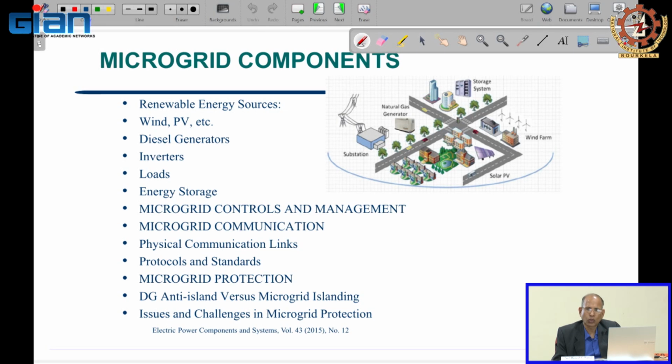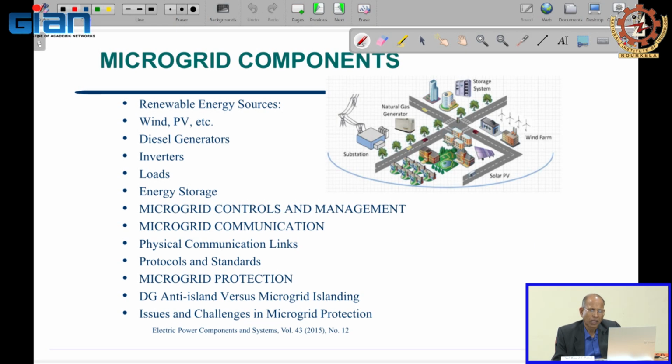Then to maintain the reactive power balance, we can have reactive power support elements in terms of capacitor banks. Also, we can have a little bit more advanced reactive power compensating device like the SVC, static var compensator.